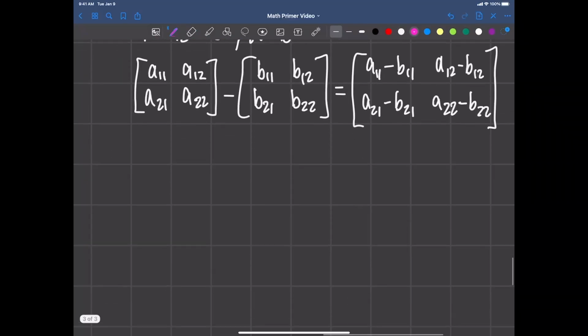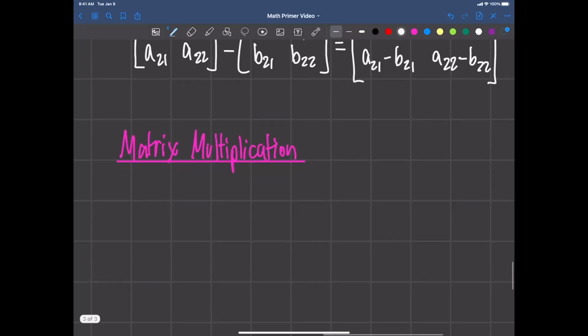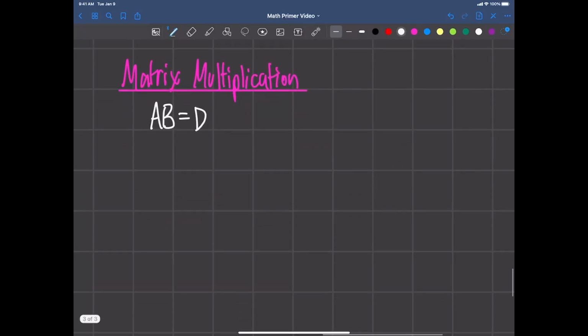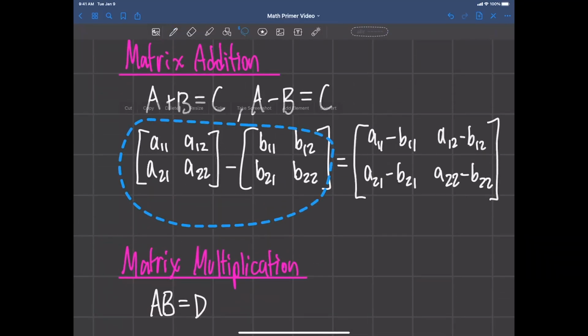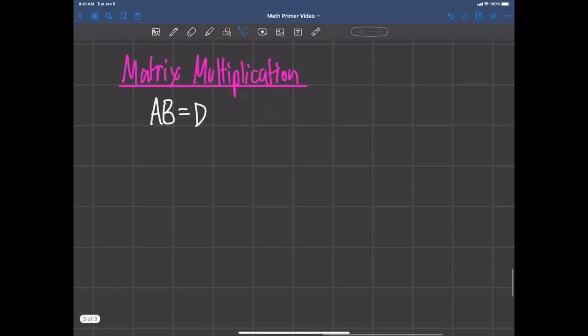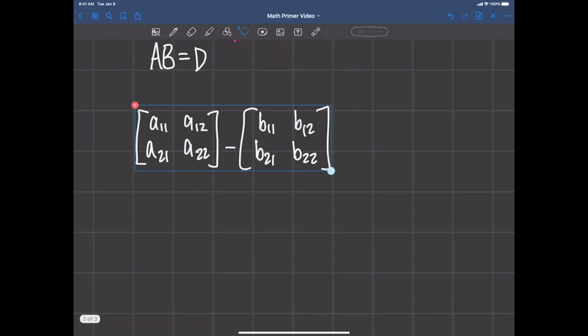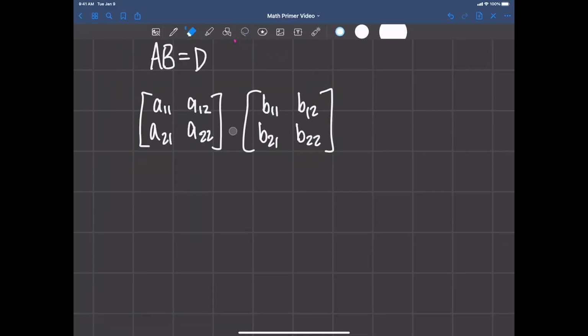Now, let's move on to matrix multiplication, which is a bit more complicated. Here we say AB is equal to D. If we have the matrices A and B, and we multiply them together, how does this work?